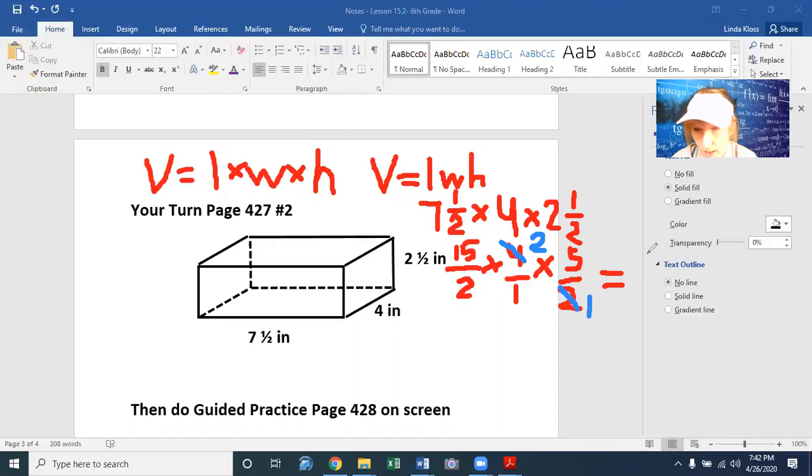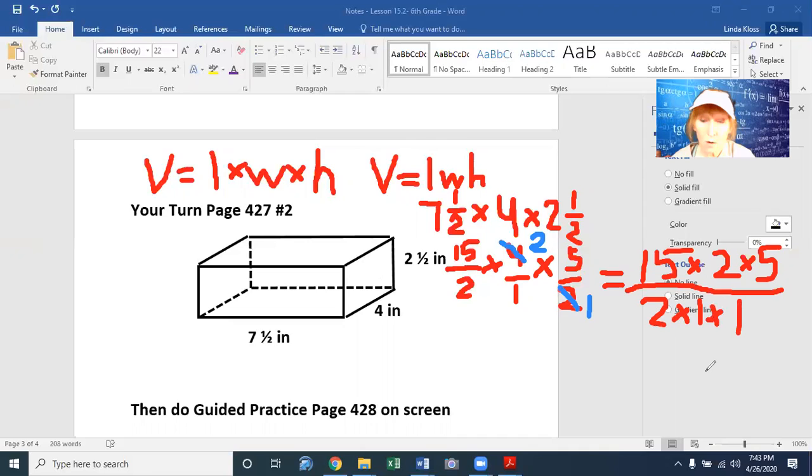15 on the top times 2 times 5. And on the bottom, should have made a straight line. We have 2 times 1 times 1.